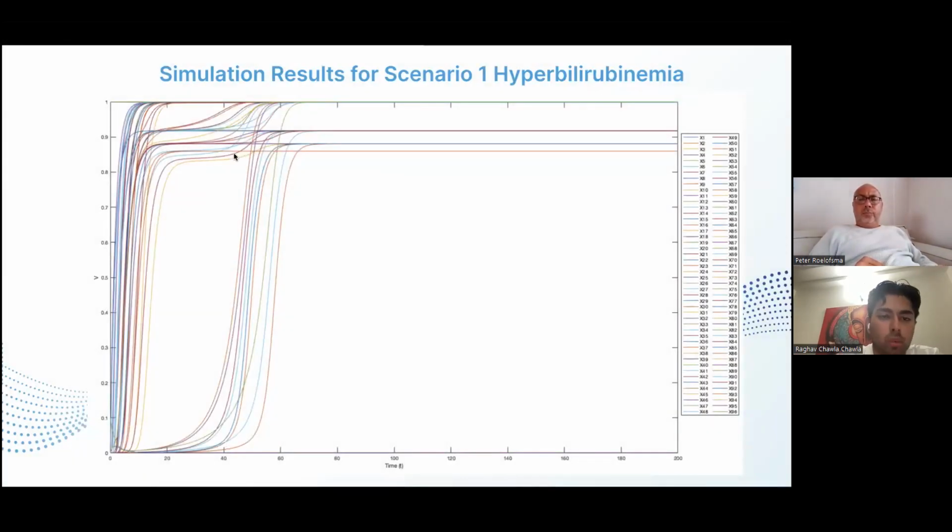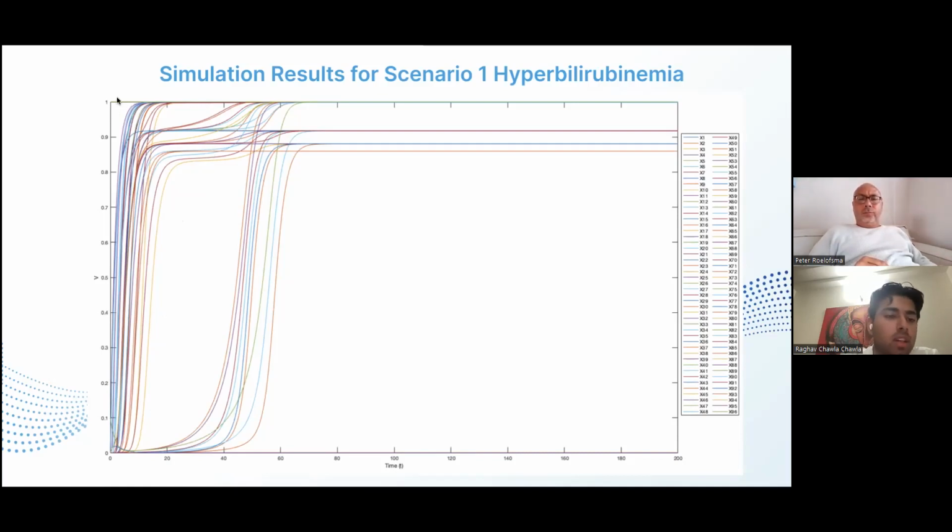So now we move on to the simulation results for scenario 1 of hyperbilirubinemia prevention, and we see that the guidelines are well adhered to, because the states increase quite rapidly in the progression of the treatment to quite a high level as well.